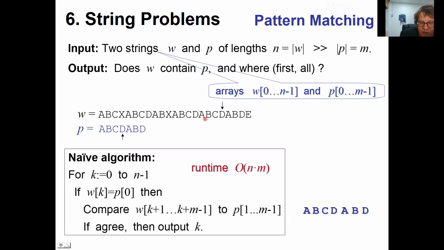Right. And for the improvement, the Knuth-Morris-Pratt algorithm that we'll see on the next slide performs some pre-processing on the pattern string before starting the actual search, before running through the long search string. And I'll explain the meaning of the pre-processing in a minute.